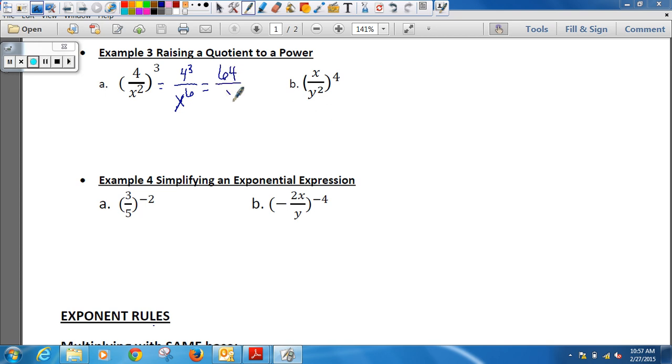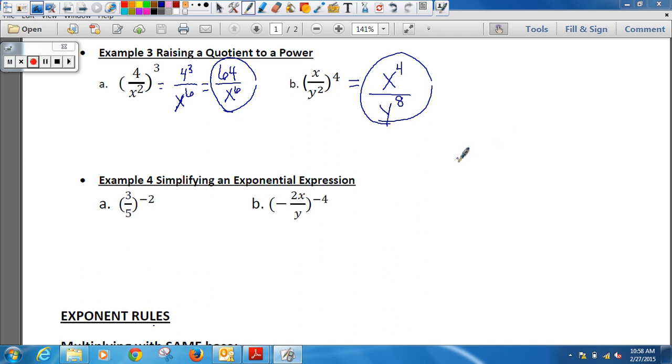X to the 6th does not simplify. I can't go any further because they have no bases the same, so my answer is 64 over x to the 6th. Our next one is the quantity x over y squared, to the 4th. So I get x to the 4th over y to the 8th, because remember, power to power, you multiply exponents. The bases are not the same, so that is my final answer.